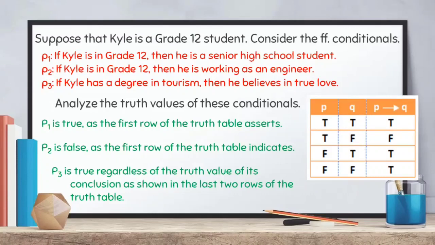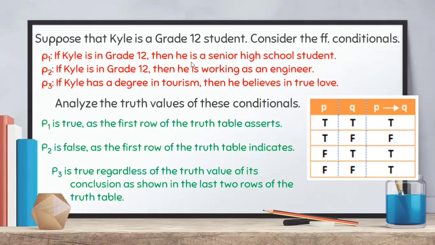Suppose that Kyle is a grade 12 student. Consider the following conditionals. So for our P sub 1, if Kyle is in grade 12, then he is a senior high school student. So we're going to analyze the truth value of our P sub 1. So let's say if Kyle is in grade 12, this is a true statement.